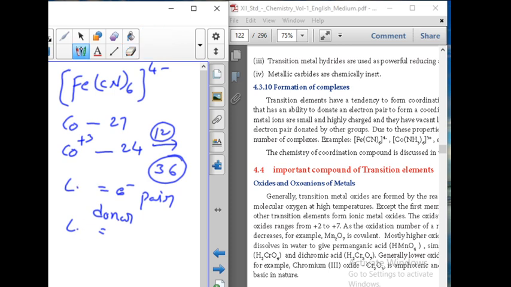So d block elements are ready to accept the electrons. Now the difference is 12. See the difference between the electrons.